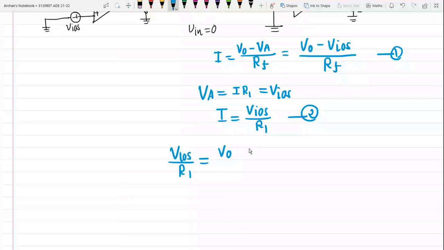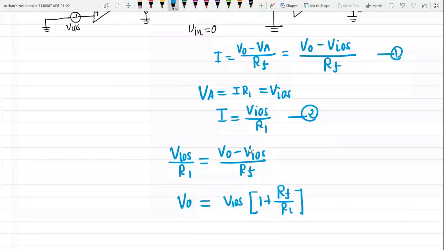Okay, and now let us try to write down the equation in terms of output voltage V0. So output voltage V0 will be equal to VIOS into 1 plus RF by R1. Okay, so this is our output equation.